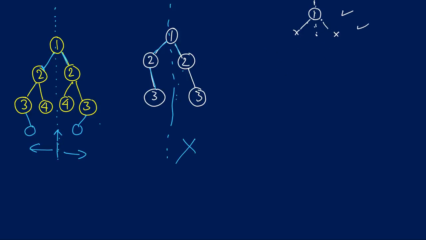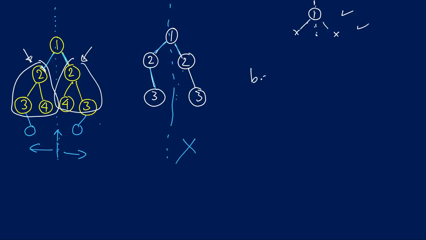And if it has more nodes, first we need to check that the value of the left of root is the same as the right of root. Once that is satisfied, we can check whether this tree is the mirror of this tree or not.